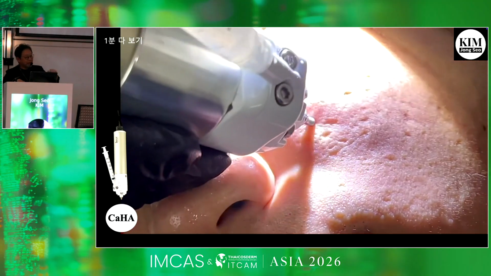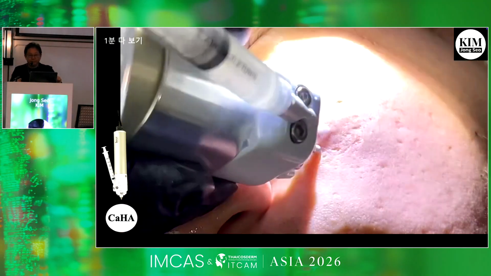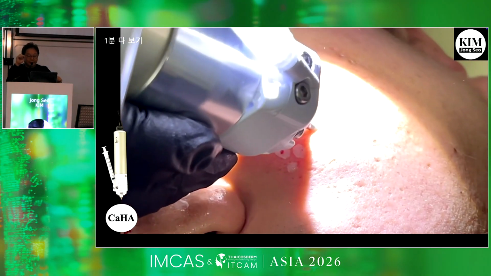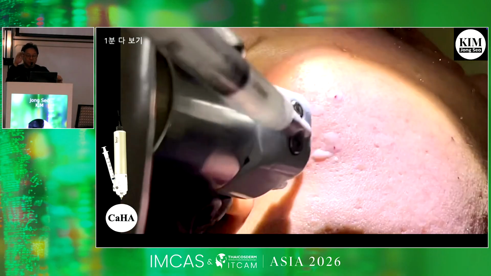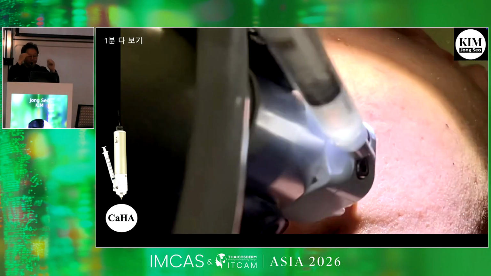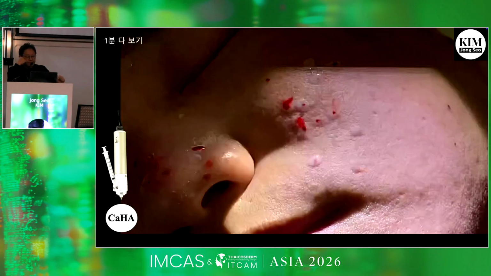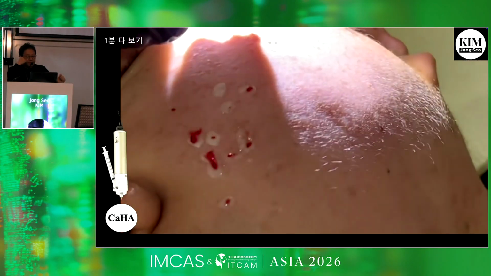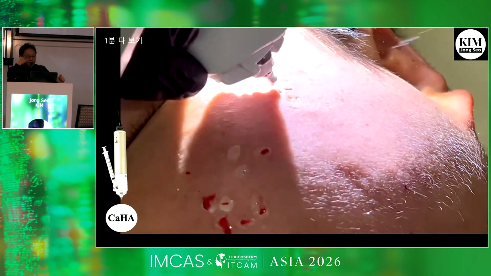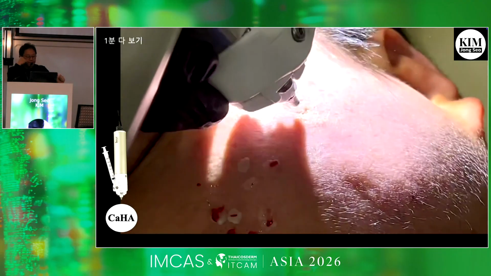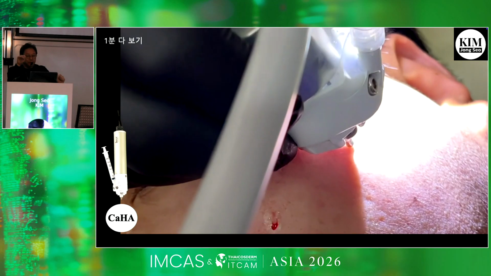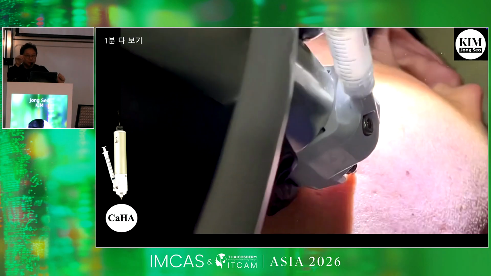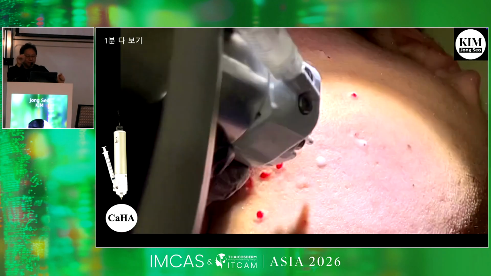Now I'm injecting one by one for the depressed acne scar, using the contact mode. There are many ice pick scars, box scars. One by one, I inject CAHA particle into the dermis. The depth was about 0.5 millimeter.